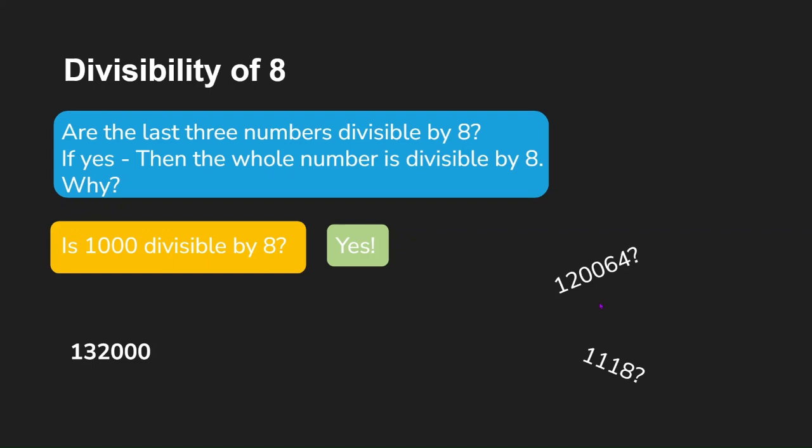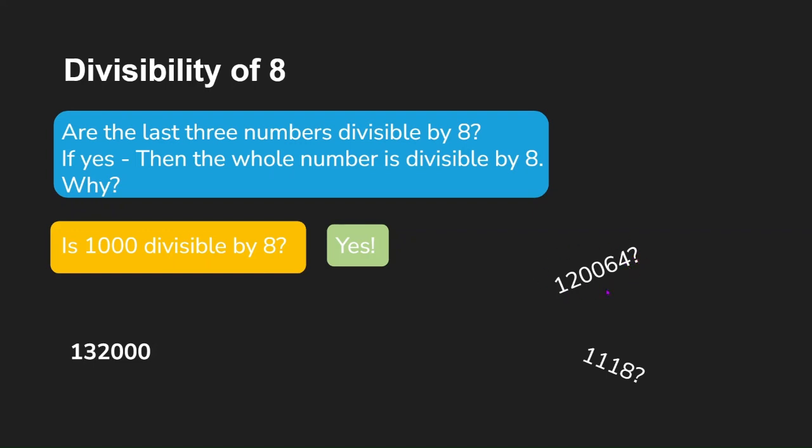So this first number, 120,064. Our rule says look at the last 3 digits and see if they're divisible by 8. So the last 3 digits are 0, 6, 4. So 64, is that divisible by 8? Yes, it is.